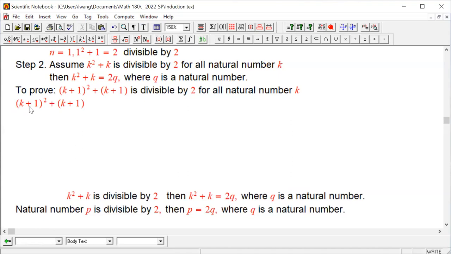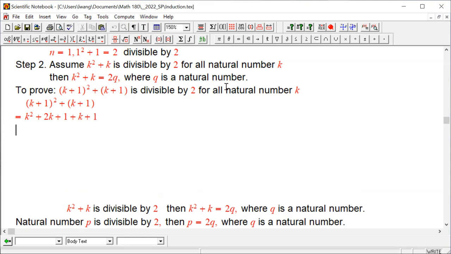We're going to work with this piece algebraically, and we're going to get to k squared plus k. How do we get there? We're going to FOIL. So we're going to get k squared plus 2k plus 1 plus k plus 1. And now we have k squared plus 2k plus 1 plus k. In this term, we have a 3k, but I'm not going to use the 3k.